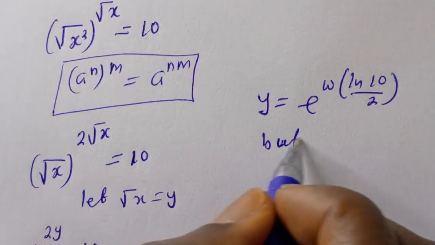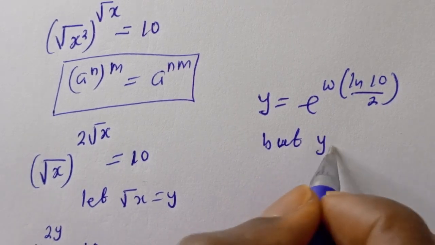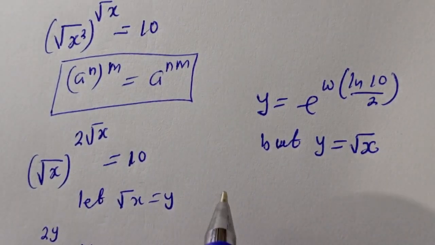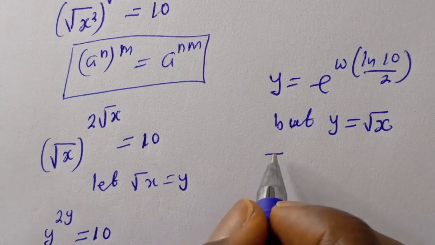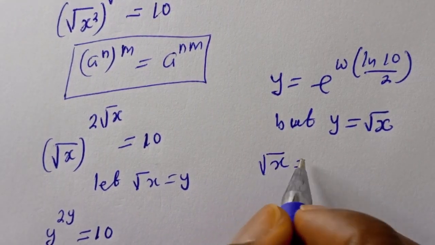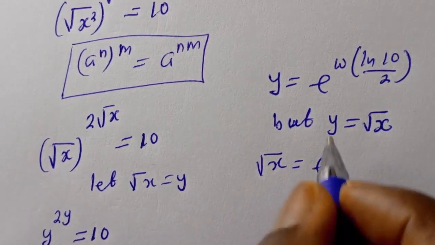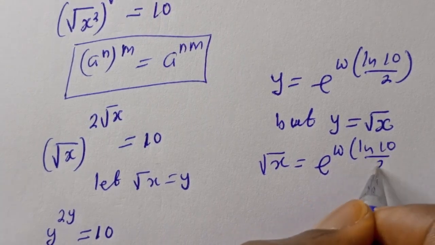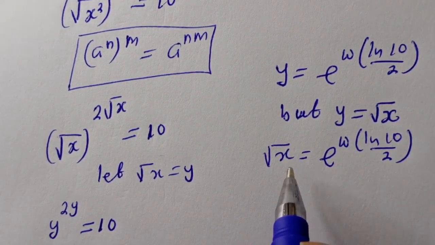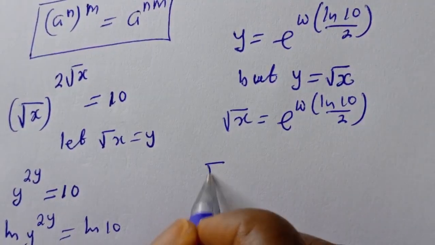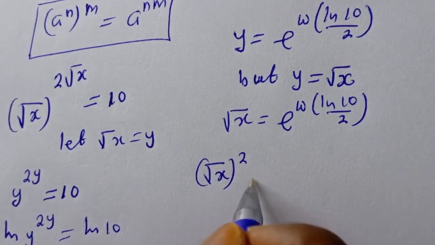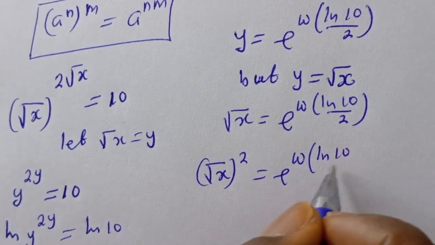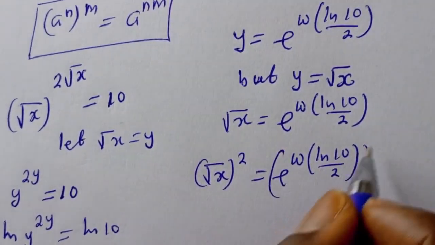But y is equal to square root of s, then square root of s is equal to e to the power of W bracket ln of 10 over 2. Now let's square both sides of this equation. We have square root of s squared is equal to e to the power of W bracket ln of 10 over 2, all squared.